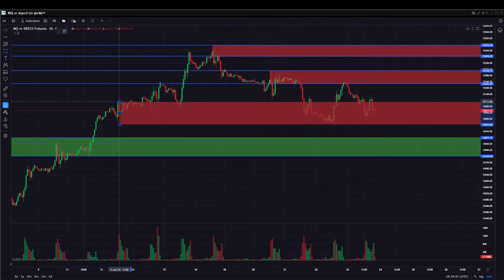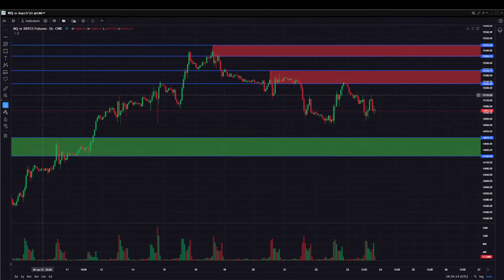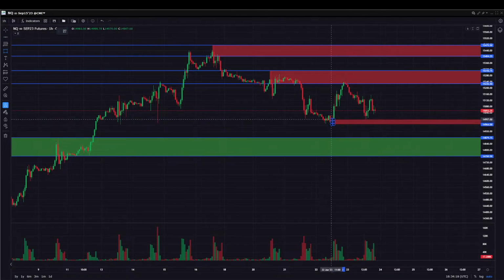Again, we're part of a large hourly demand here. So I'm not going to have this zone up. I'll stick to this. Seems like this is where they concentrated the zone.